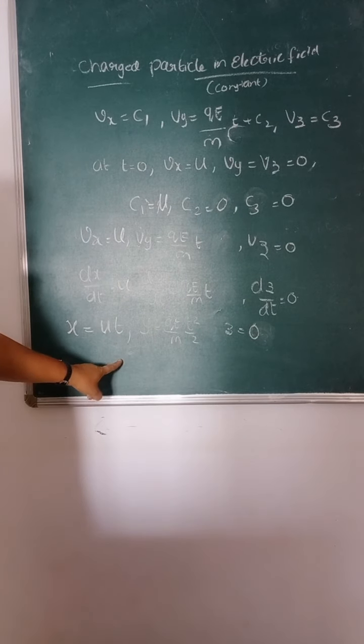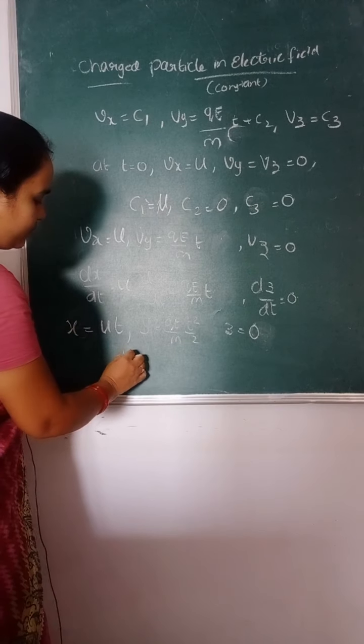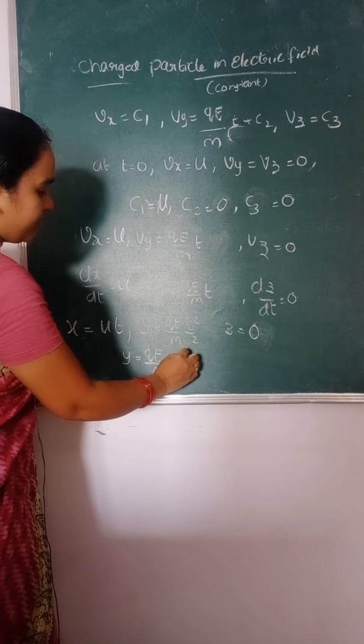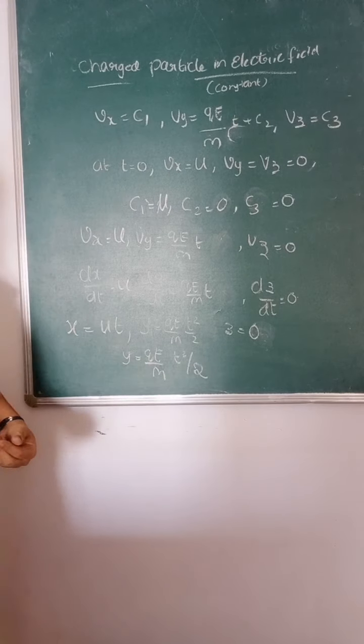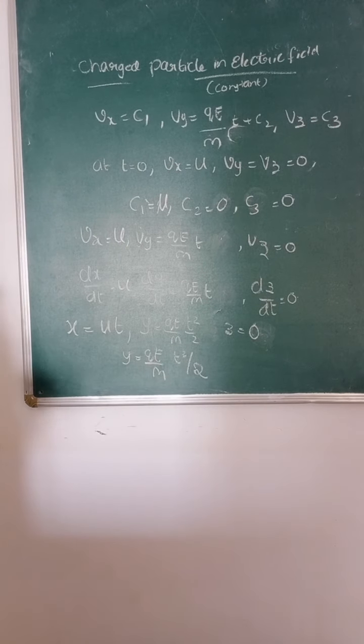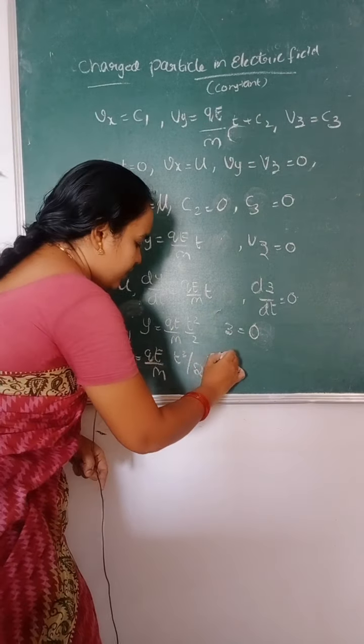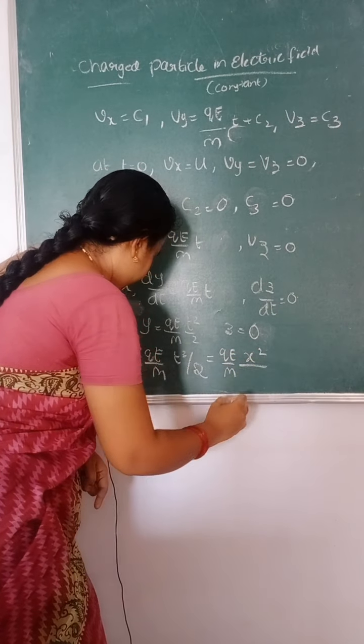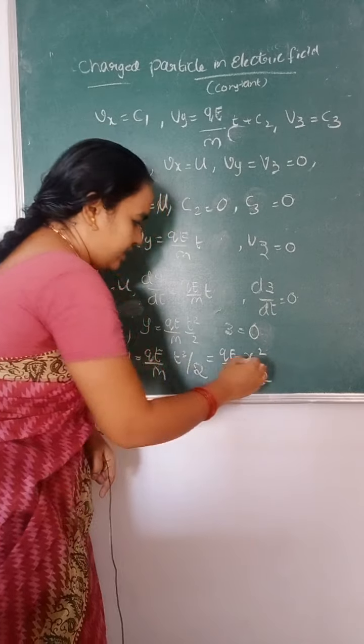From this equation, y is equal to QE by m into t square by 2. From the x equation, what is t? t is X by u. Then y is equal to QE by m into x square by u square into 2.